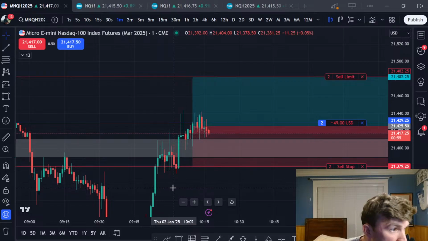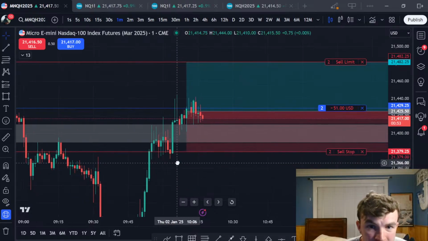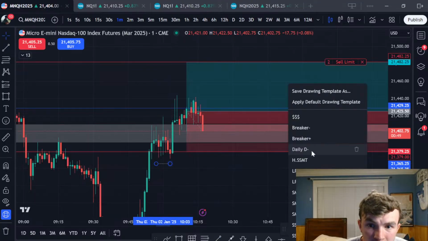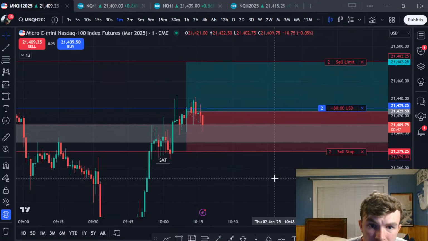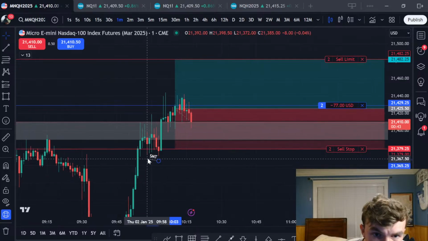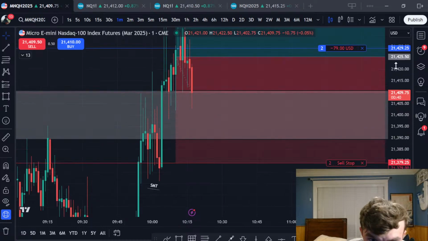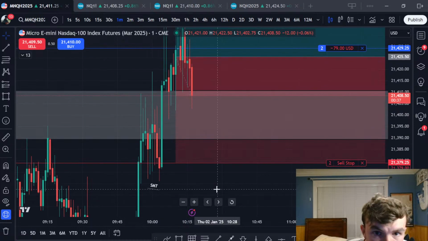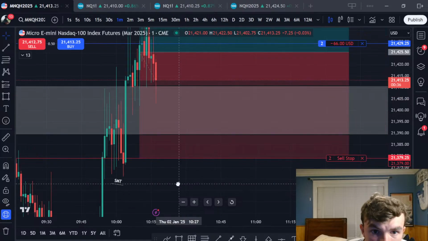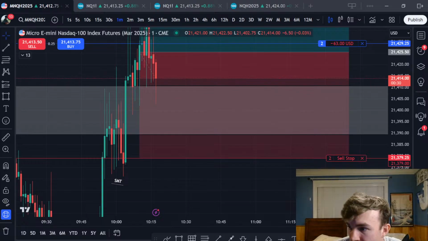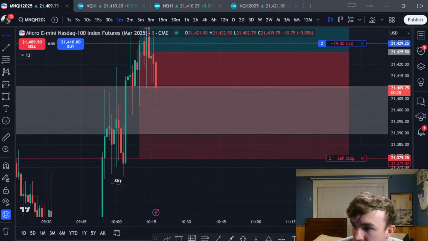So actually, I might put my stop loss at those lows because those lows should be protected. Yeah, I think that's where my stop loss should go.